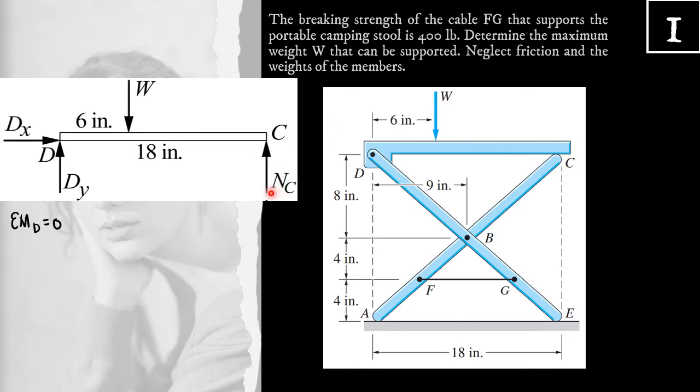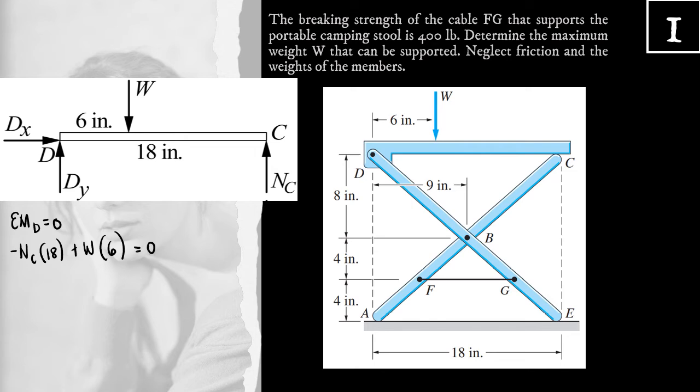NC tends to rotate counterclockwise about point D with a moment arm of 18 inches. So that is negative NC times 18. For the weight W, it tends to rotate clockwise about point D with a moment arm of 6 inches. So that is positive W times 6. This is equal to 0.